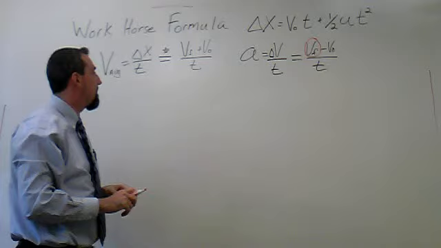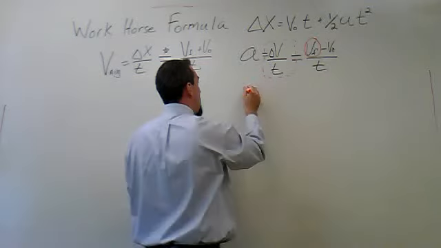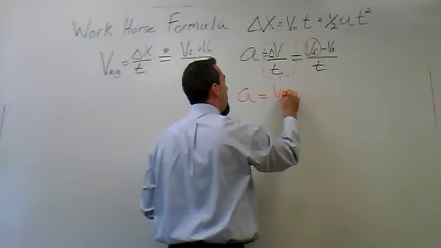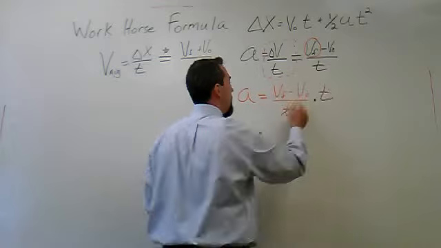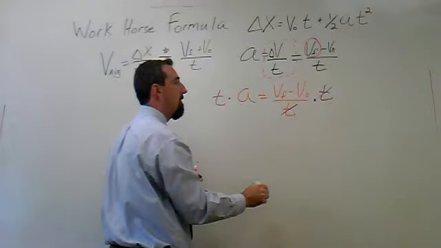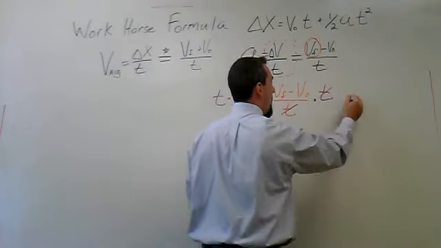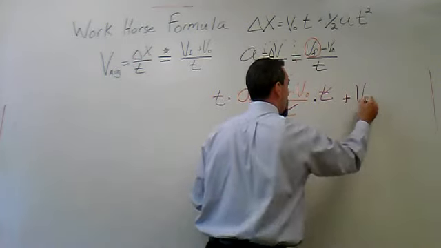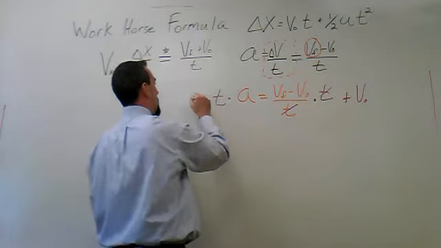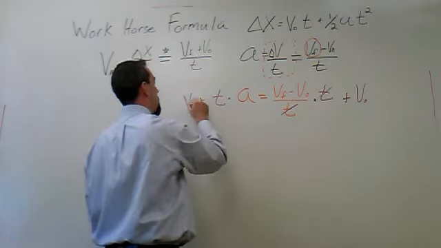So we're going to start with A equals Vf minus Vo over t. Let's multiply both sides by t. Those cancel out. And I'm also going to now add Vo. So this whole thing plus Vo is equal to this, plus Vo.